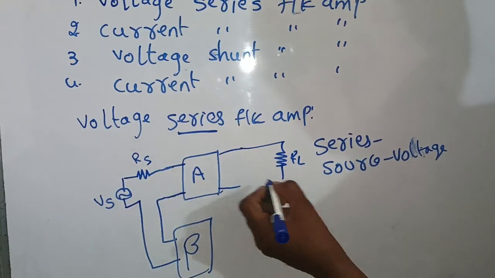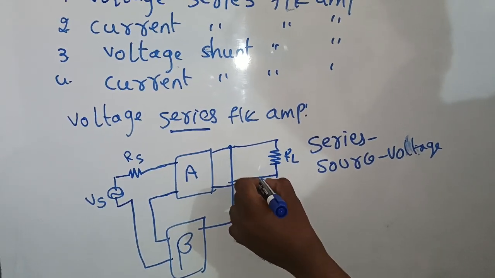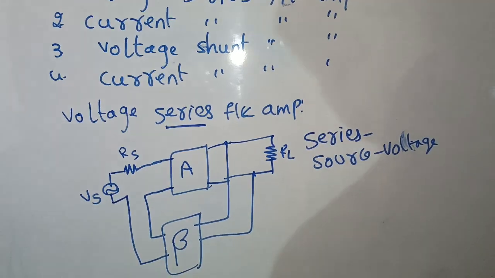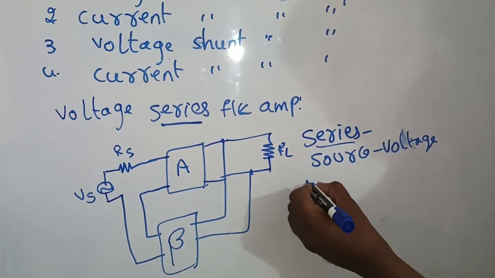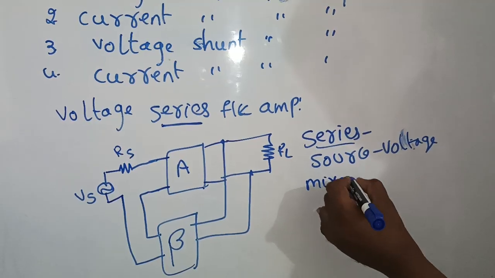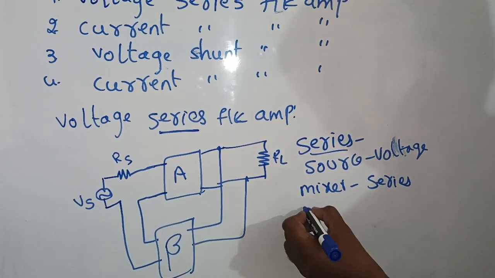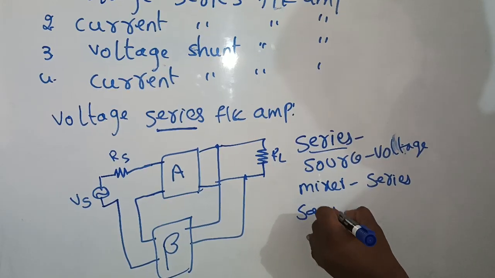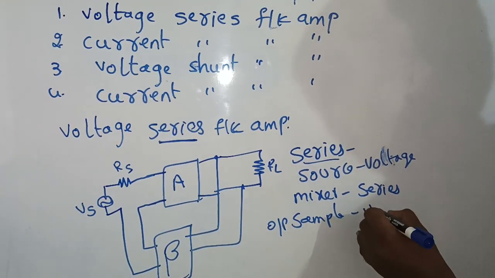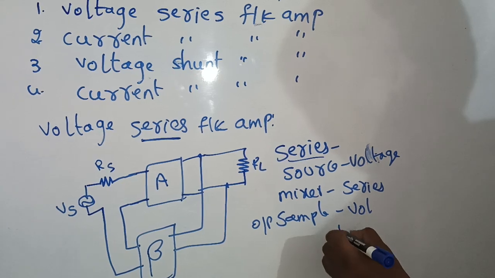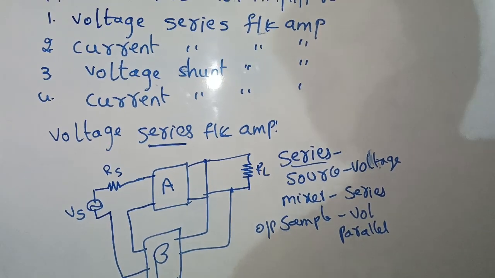If it is voltage, the output sample is in parallel to the feedback network. So the source is voltage in series, the mixer is series, and the output side sample is voltage. If it is voltage, you connect it in a parallel or shunt manner.